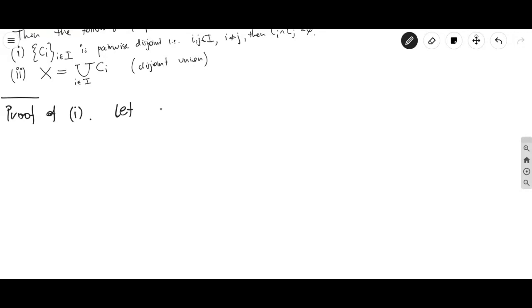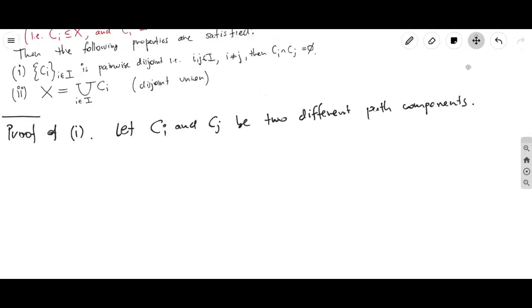So let Ci and Cj be 2 different path components. So we're picking 2 different ones.